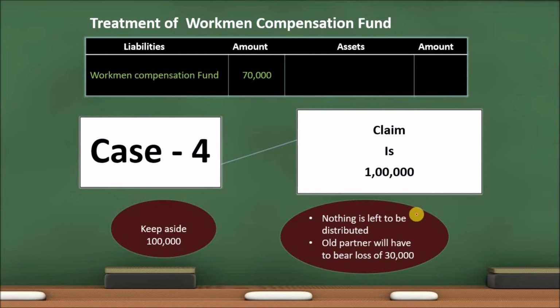Please remember there is nothing to be distributed because our whole fund is exhausted. In fact, the 30,000 old partners have to bear, because the fund was only 70,000 but the claim is 1 lakh, so that 30,000 will be contributed by old partners in their old ratio.